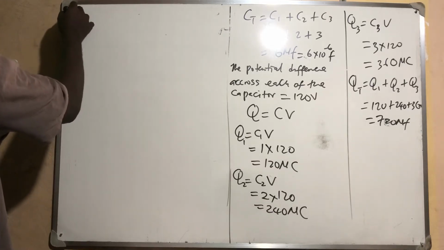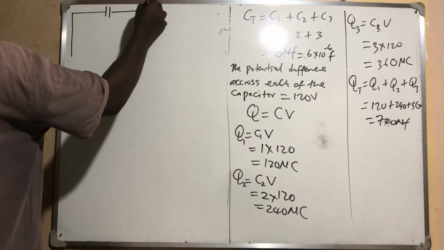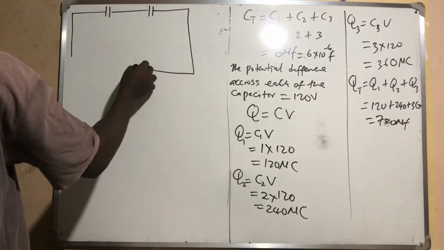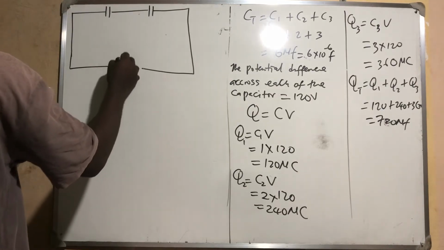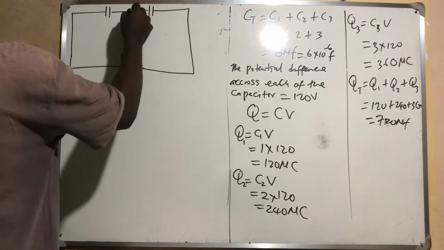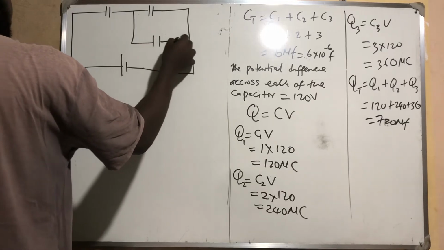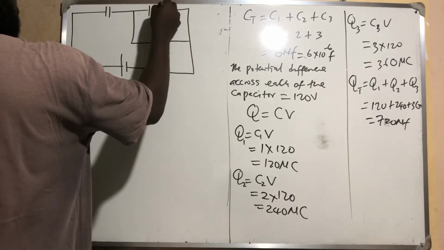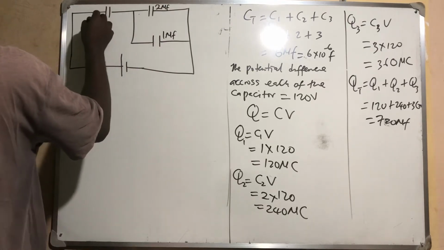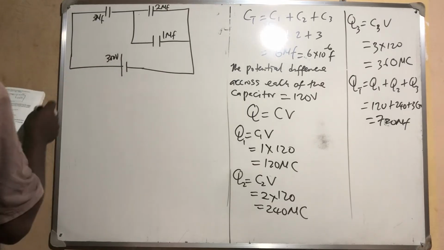So we have this. Here is 2 mu farad, 1 mu farad, 3 mu farad, and then I have a 300 volt battery.